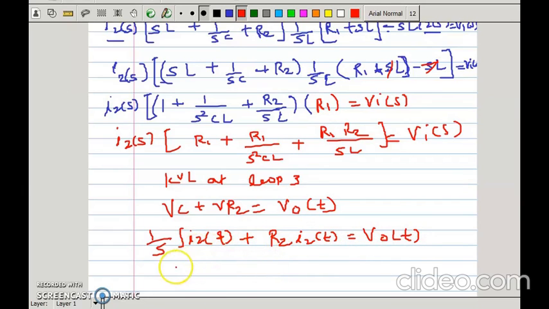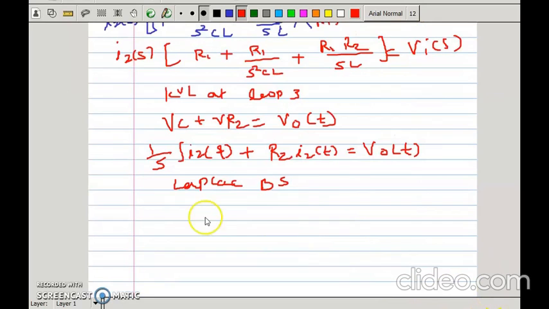What is the common? Let's take Laplace on both sides. Okay, so it is 1 upon SC I2 of S plus R2 I2 of S is equal to V of S. Okay, what is common here? I2 is common.